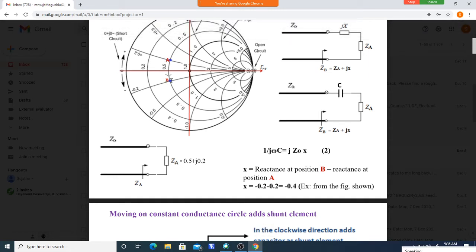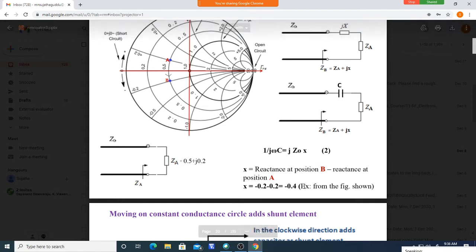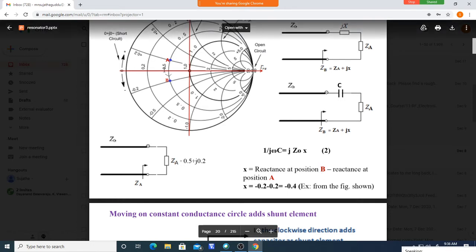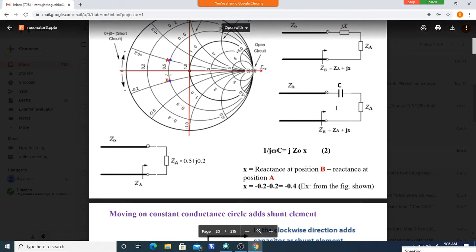The reactance at B is minus 0.2. What is the reactance at the initial position? You see the reactance circle passing through that point. That is plus 0.2. Take the difference: minus 0.2 minus 0.2 is minus 0.4. You substitute that in this equation and you will get the value of C.